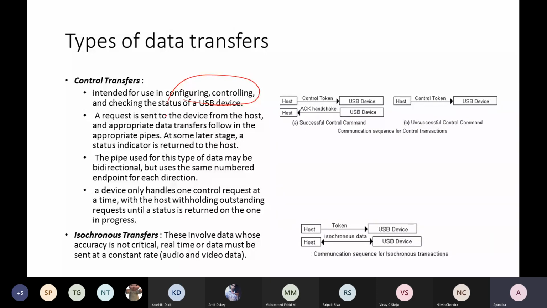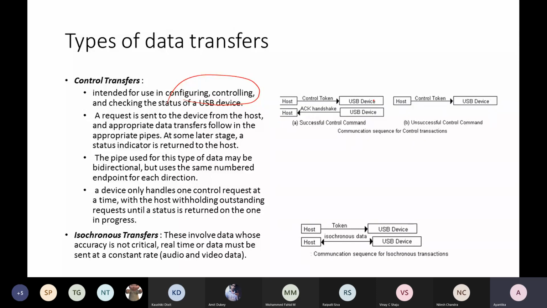There will be one master, one host, that is initiating the data transfer. That may be from host to USB or USB to host, but mostly the host is initiating and acting as the master.